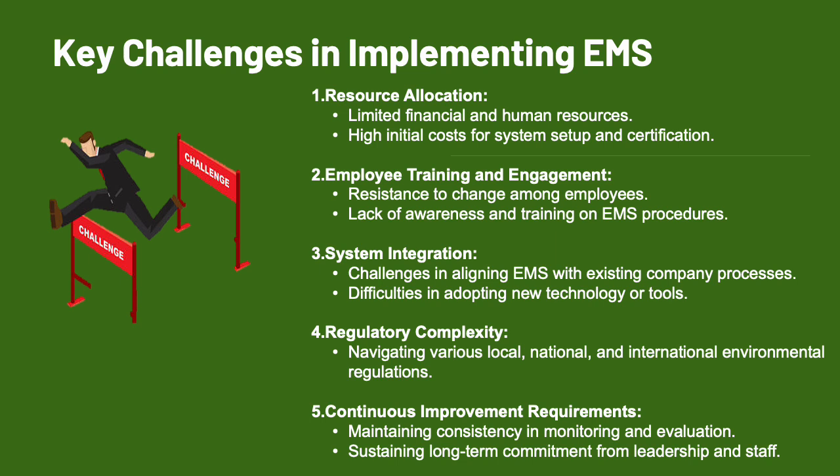And continuous improvement requirement is also a challenge, because maintaining consistency in monitoring and evaluation, yes, they can do it, but to further improve, as an example I mentioned just now on IKEA's promise, they wanted to get 100% energy saving, but they managed to get 90%.